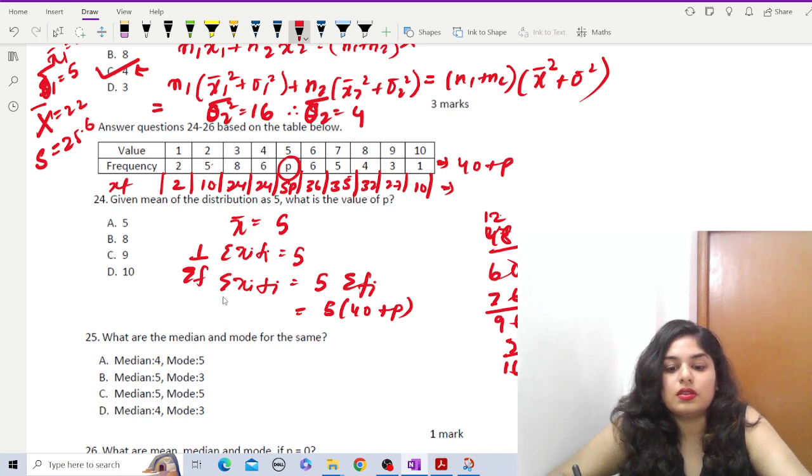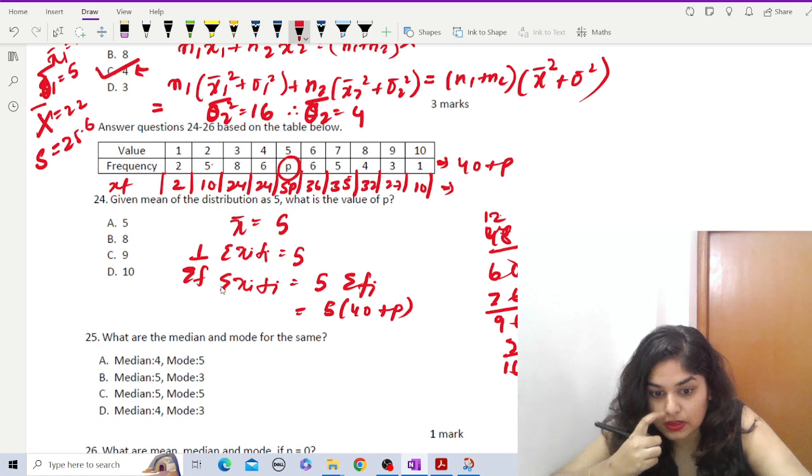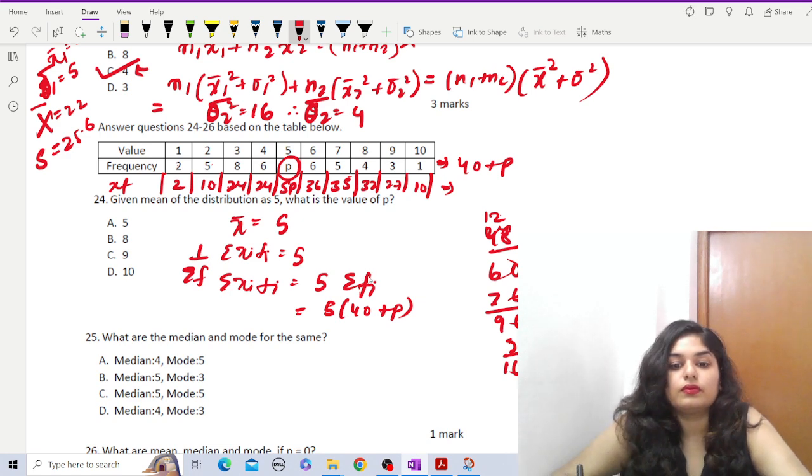So here you will get the value as 5p plus 200.